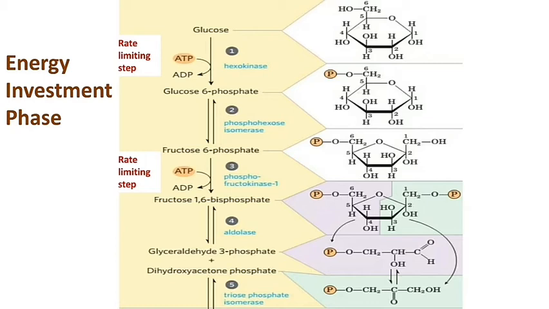Now the dihydroxyacetone phosphate is further converted to glyceraldehyde 3-phosphate by means of the enzyme triose phosphate isomerase. So from one molecule of glucose, 2 molecules of glyceraldehyde 3-phosphate are generated, and the first phase of glycolysis, the energy investment phase, comes to an end.